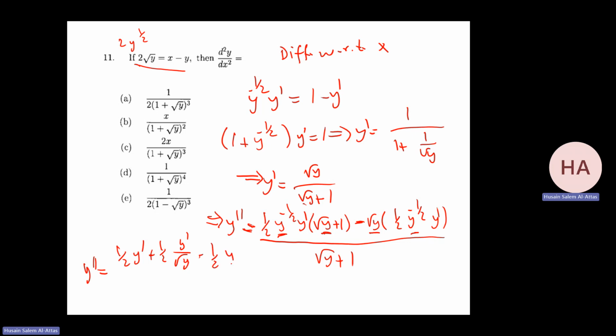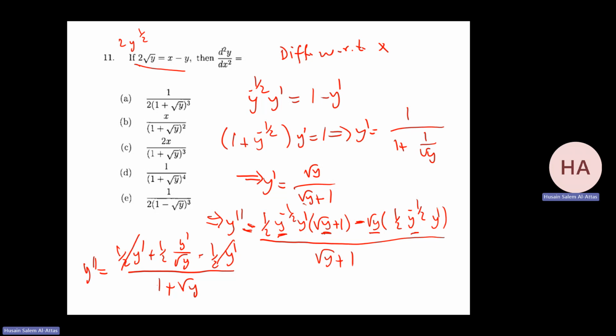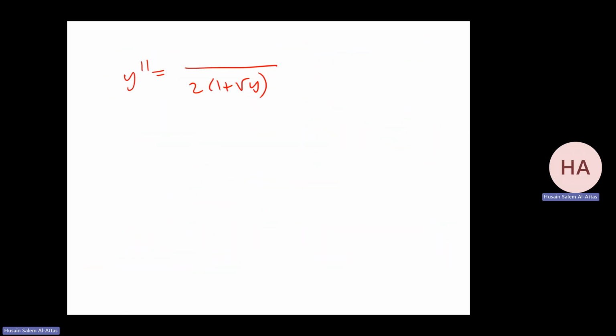Minus half y prime all over 1 plus root y. So this is cancelled, and I have 1 over 2, so y double prime will be 2 times 1 plus root y, and I have y prime over root y.